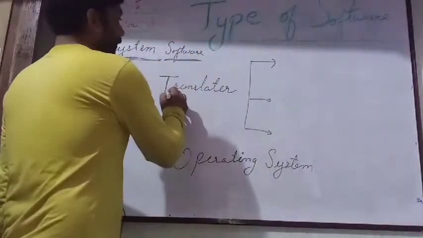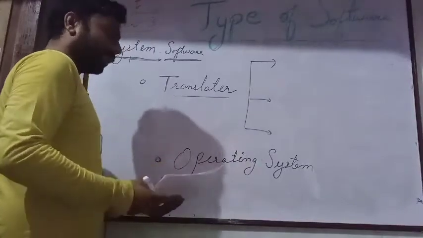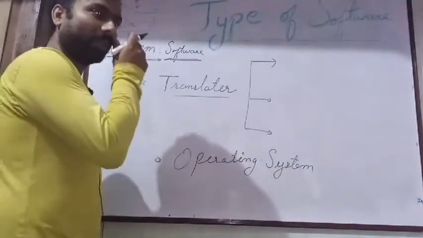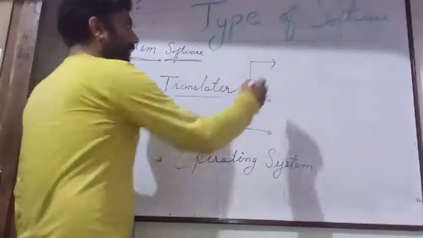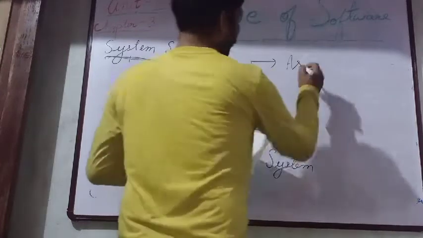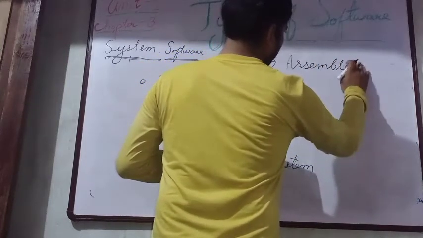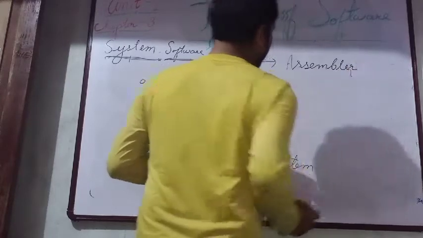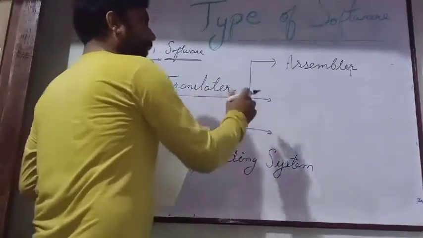Okay, so first of all, translator. It has not been given in the book as translator software, but three software are given already, that is assembler, which comes under the translating software. What does translating mean?